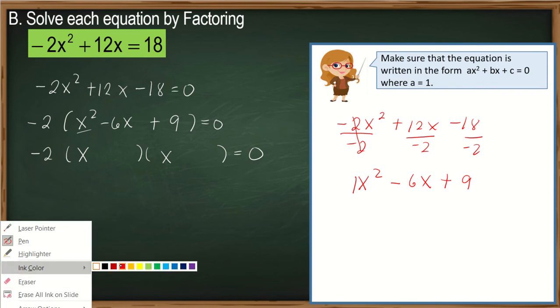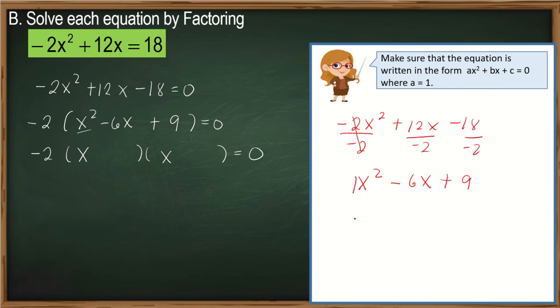When added, the sum is equal to negative 6. Ang factors ni positive 9 ay 3 times 3 or pwede ring negative 3 times negative 3. I-add natin ang two factors na positive 3. The result is 6. So, ibig sabihin, hindi ito. Kasi hindi siya nag-result sa negative 6.